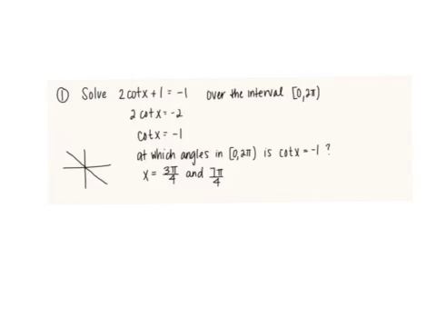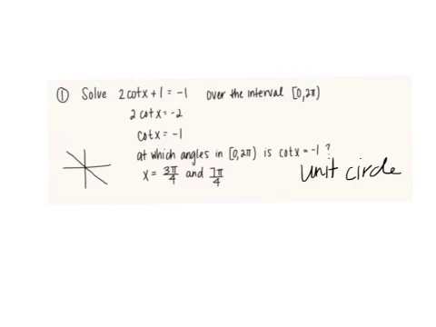Notice we're solving it like a linear equation. So I'm going to add 1 and then divide by 2. So we get cotangent of x is equal to -1. You want to think which angles in our interval is cotangent of x equal to -1. Refer back to your unit circle.